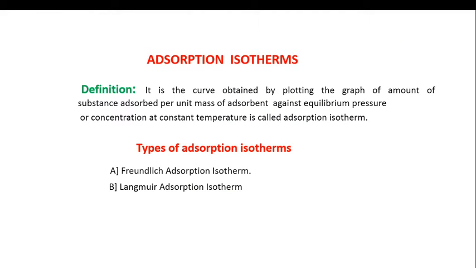Before going to the study of Freundlich adsorption isotherm, first of all, what is meant by adsorption isotherm? The adsorption isotherm is the curve obtained by plotting the graph of the amount of substance adsorbed per unit mass of adsorbent against equilibrium pressure or concentration at constant temperature.